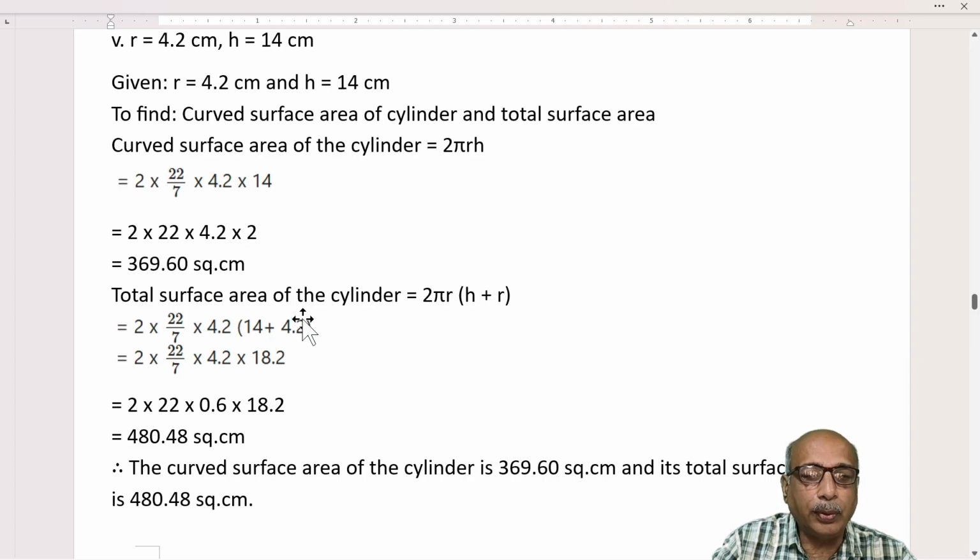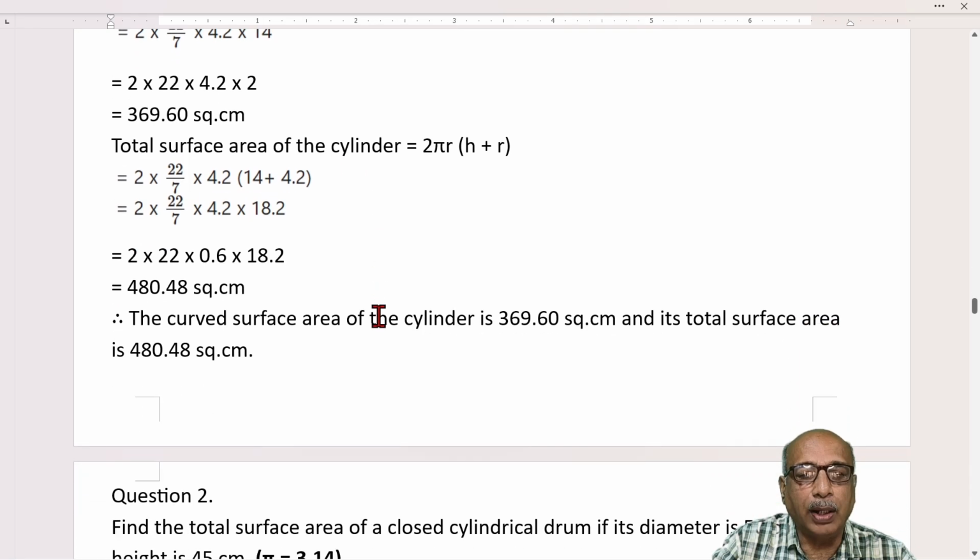To calculate total surface area, apply the formula 2 pi r into h plus r. Substitute the values and you will calculate 480.48 square centimeter. Therefore, the curved surface area of the cylinder is 369.60 square centimeter and its total surface area is 480.48 square centimeter.